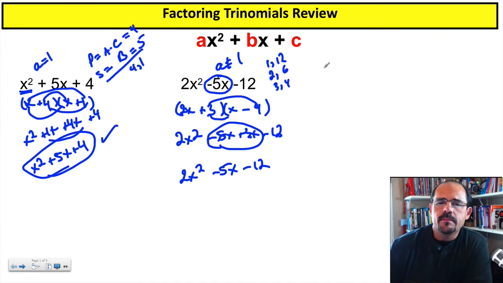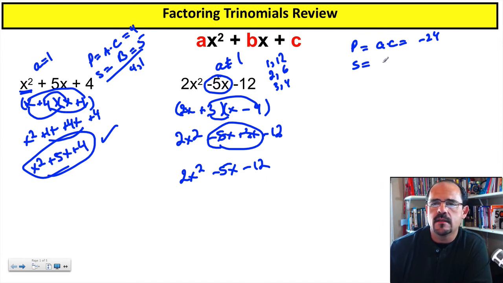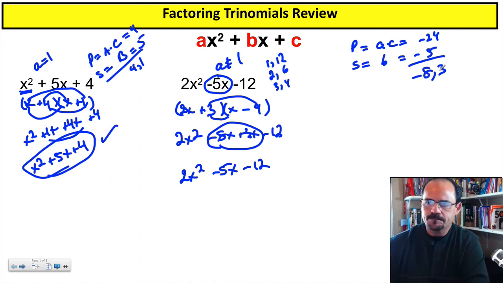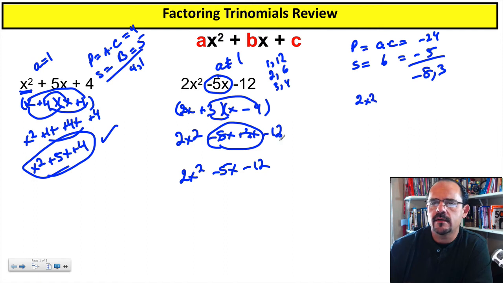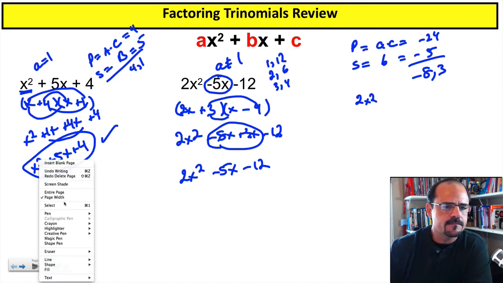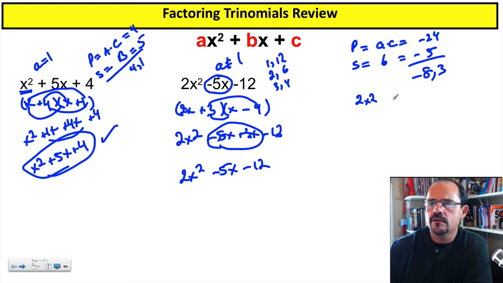You also learn grouping to do this type of problem. In other words, you learn to look at the product and the sum. The product was a times c, which is negative 24. And the sum was b, which is negative 5. And you said, okay, that's going to be negative 8 and positive 3. And so you could say, now let me split my middle term, 2x squared, and instead of negative 5x, you can write it as negative 8x and positive 3x.